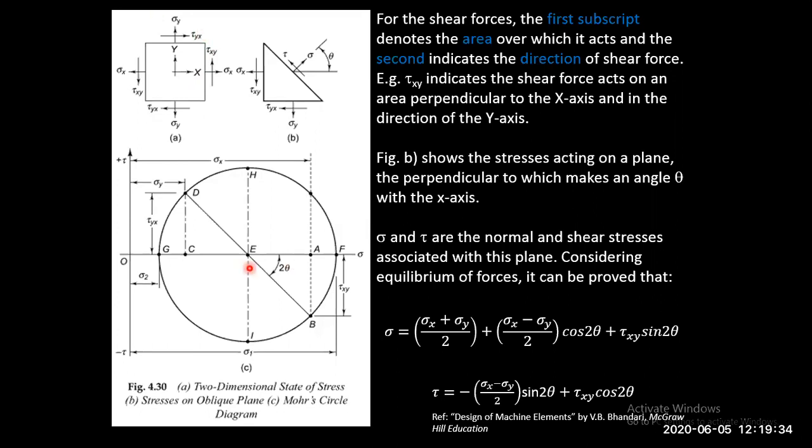Let's say the x-axis is your stress and the y-axis is your shear stress. Keeping sigma x from the origin as a point here, that is the median, you can easily draw this Mohr circle using the given data.